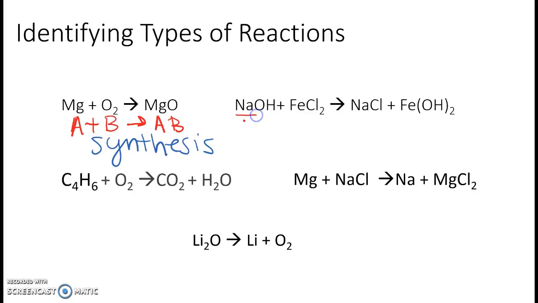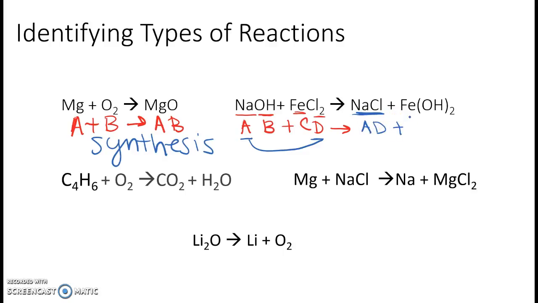In this next example, we have NaOH plus FeCl2. So I'm going to assign Na to letter A. OH, that's the polyatomic ion hydroxide, so that's B. We're going to keep that together. Element C is Fe, and then Cl is element D. We can see that on our product side, we have A and D that combine to make NaCl.